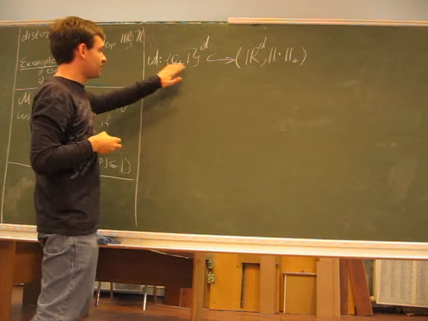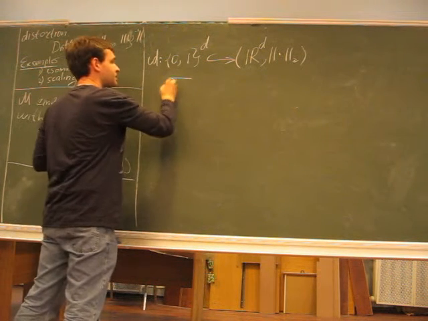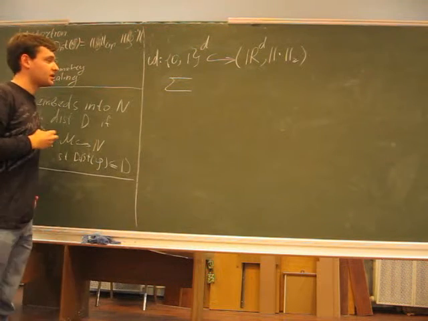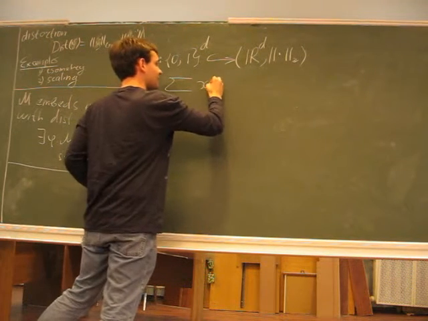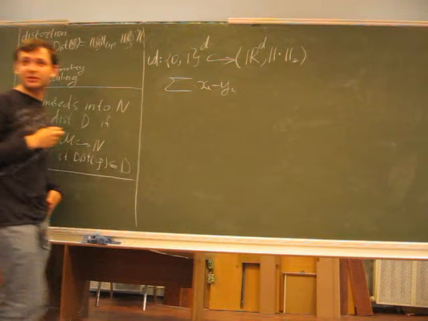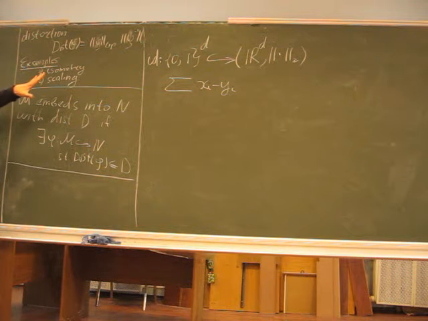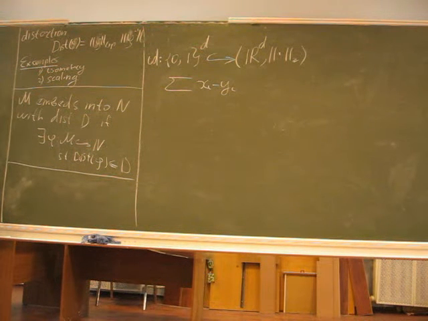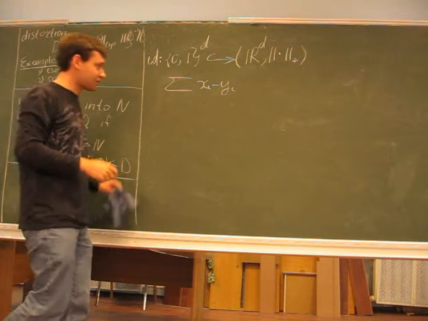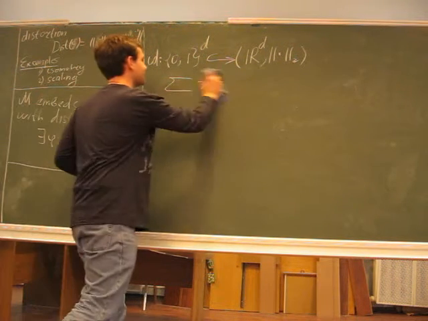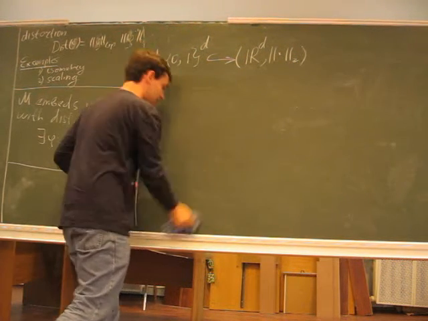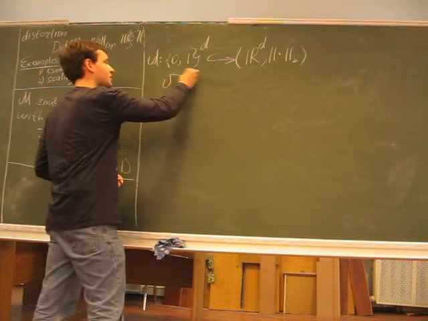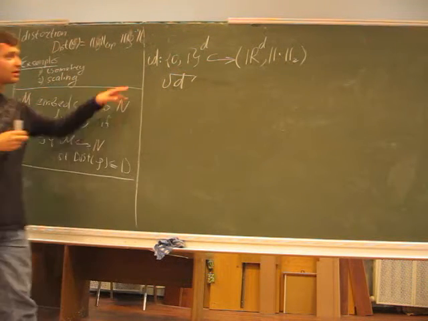The distance between 2 points x and y is at most square root of d. Between the most distant points we have d this way and square root of d the other way, so it's square root of d, and it's interesting. Let's write it in the following way: we have square root of d, and d is equal to the logarithm of the number of points.